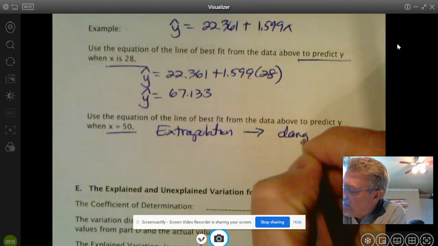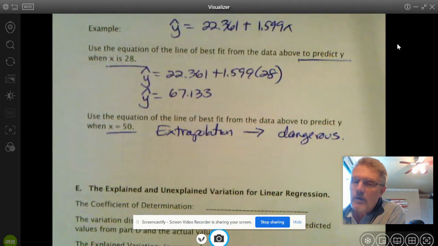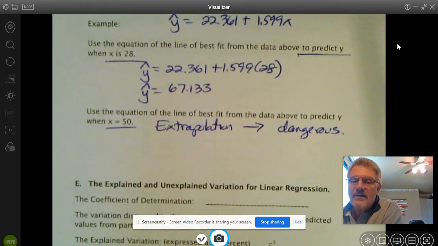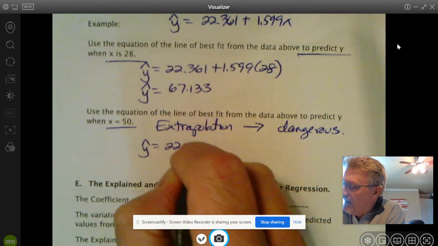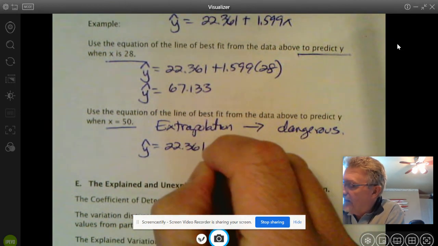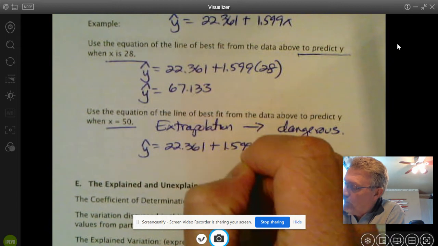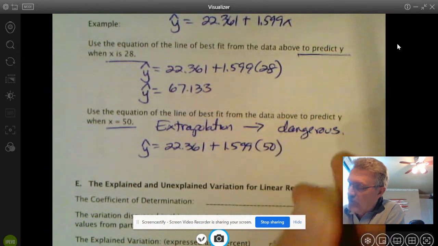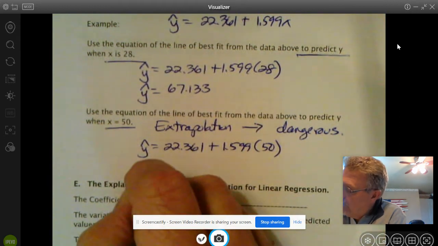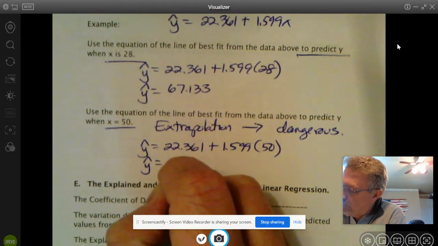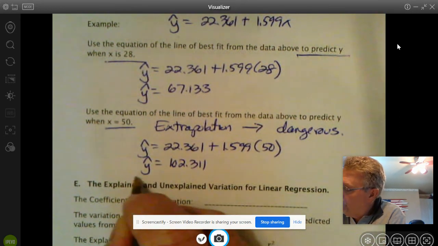So this is a dangerous process, but I can still do the math. I just don't know that I can rely on the result. So I'm going to go back up and get that equation, change the 28 to a 50, and my prediction is 102.311.